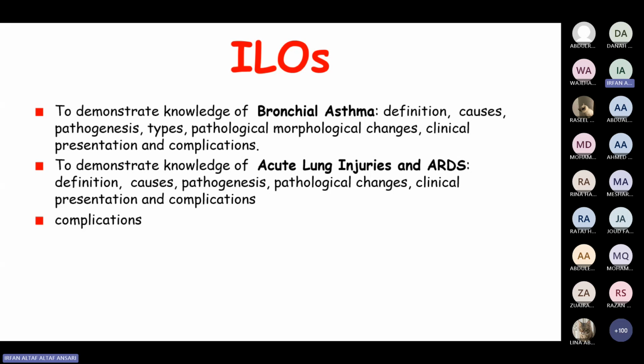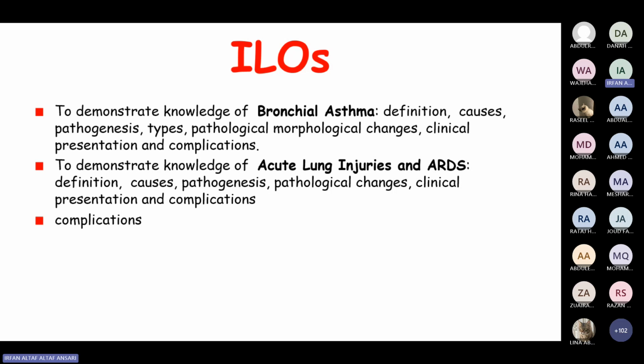And we have acute lung injury or ARDS. Both are the same thing, acute lung injury or ARDS. In this also we are going to see definition, pathogenesis, pathological changes, and clinical significance.